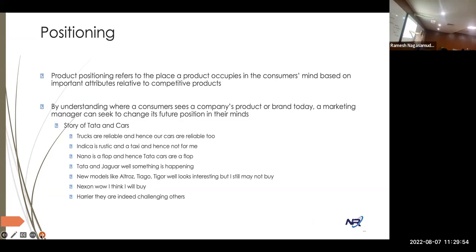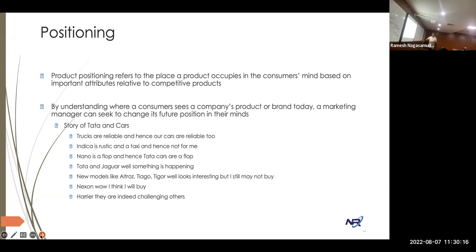I'll give you one example of Tata, just to show you how positioning is so very important. Tata was among the very recent players to come into cars. They came about 25, 30 years back with their first car, the Indica.